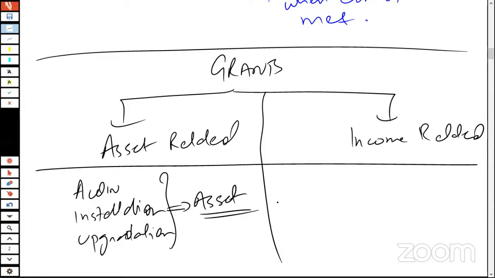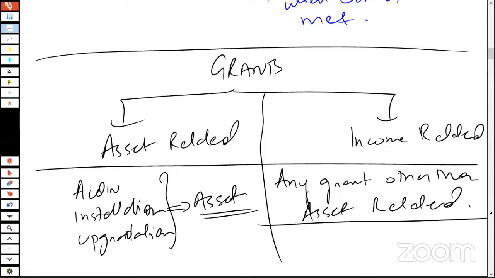Now, what next is there? Let's move a bit forward. What exactly do we mean by income related grant? The concept of income related grant, as per the definition of IAS 20, is any grant other than asset related grant.